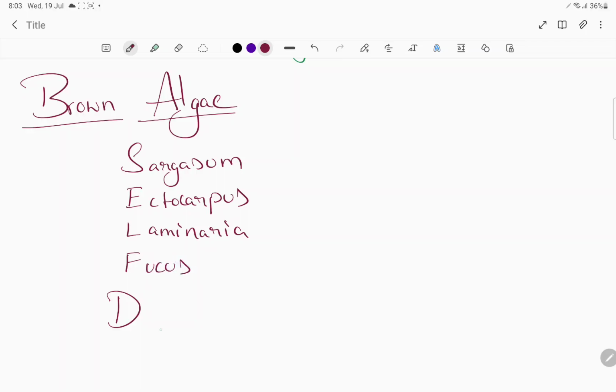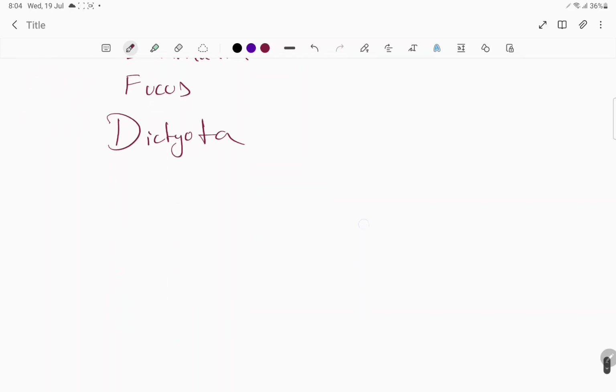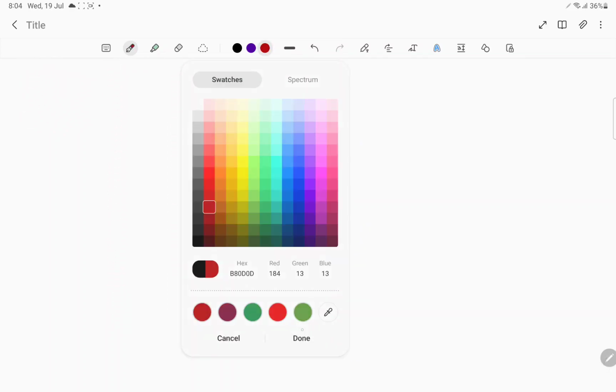Fucus, Dictyota. So Sargassum we can also call it sea lettuce. Sorry, this is not. Porphyra we call it sea lettuce. This is brown algae.